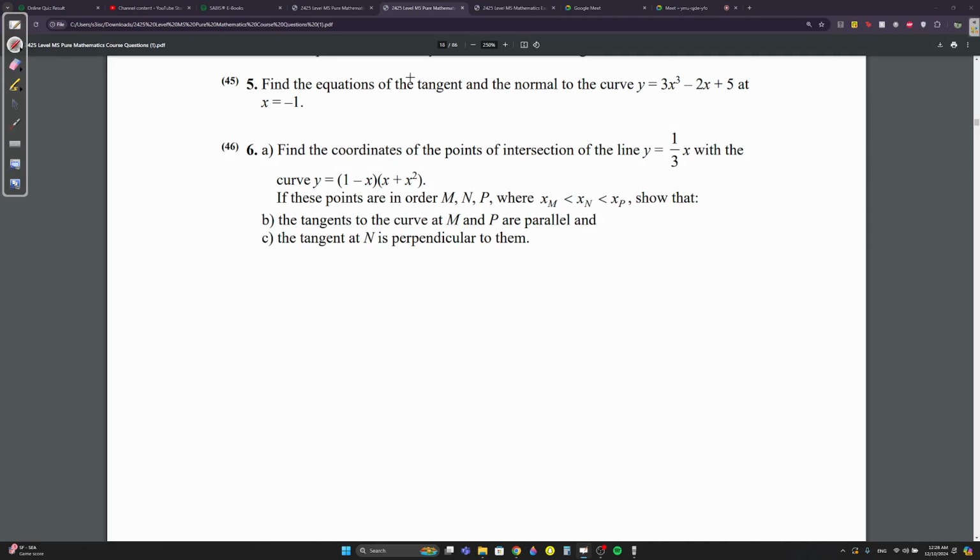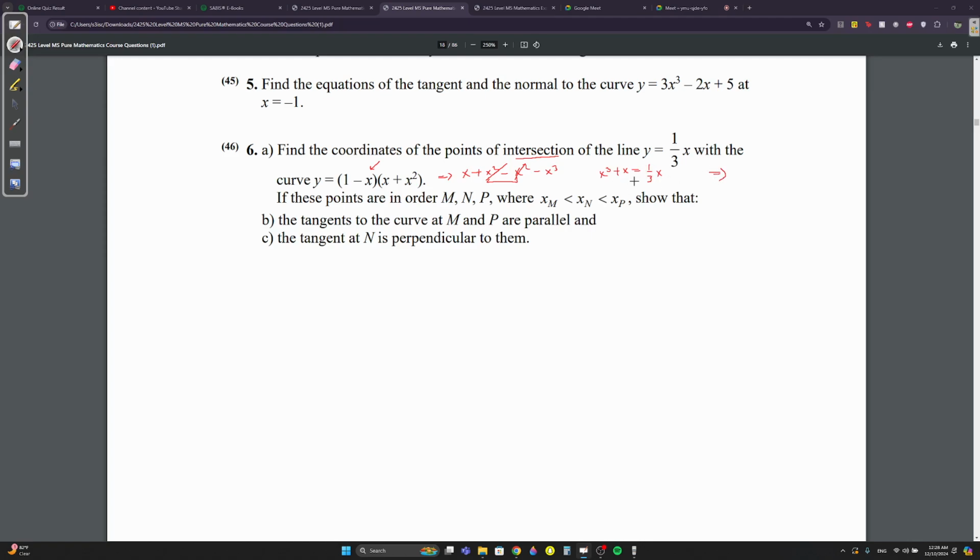Over here, we need to obviously equate these two to each other. Let's distribute this. You're going to get 1 times x, 1 times x squared is x squared, minus x squared minus x cubed. Simplify. These two cancel. You're going to get x cubed plus x. We're equating it to 1/3 x because we're finding intersection points. Multiply both sides by 3 so we want to get rid of this over 3.